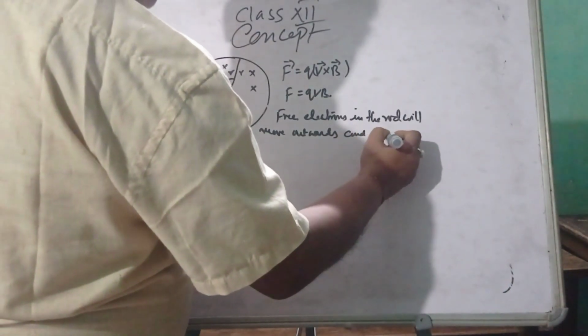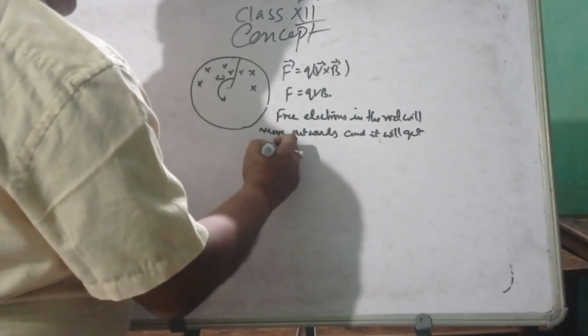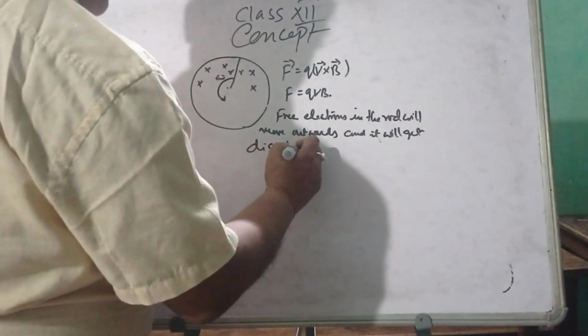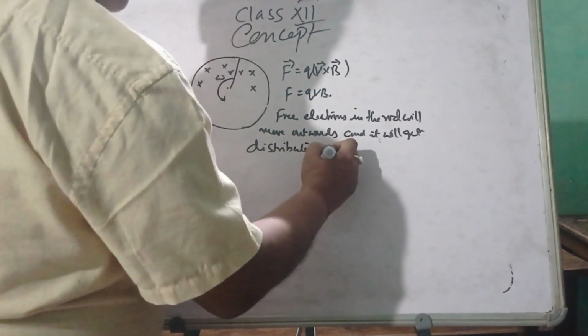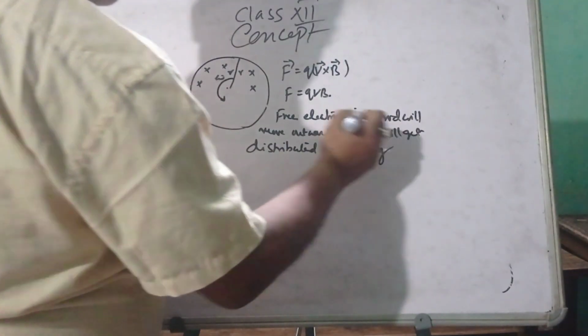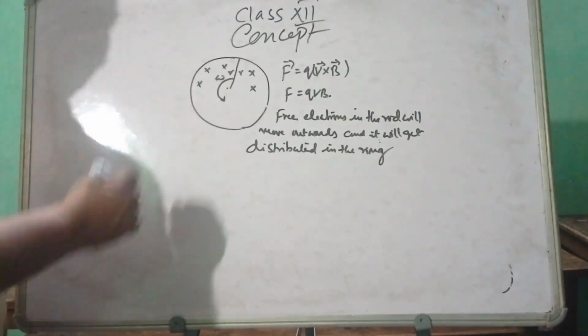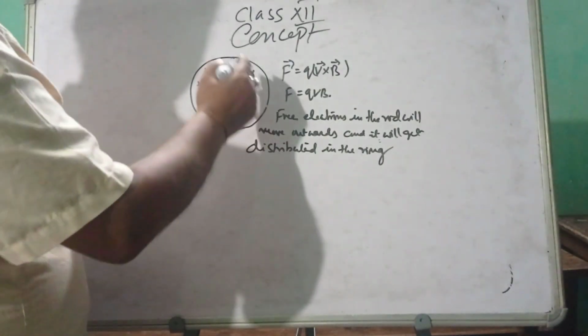Now the free electrons in the rod will move outward, and it will get distributed in the ring.